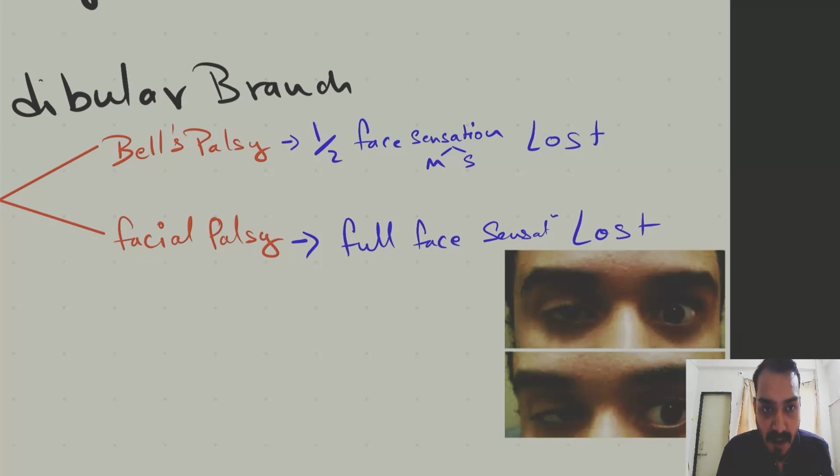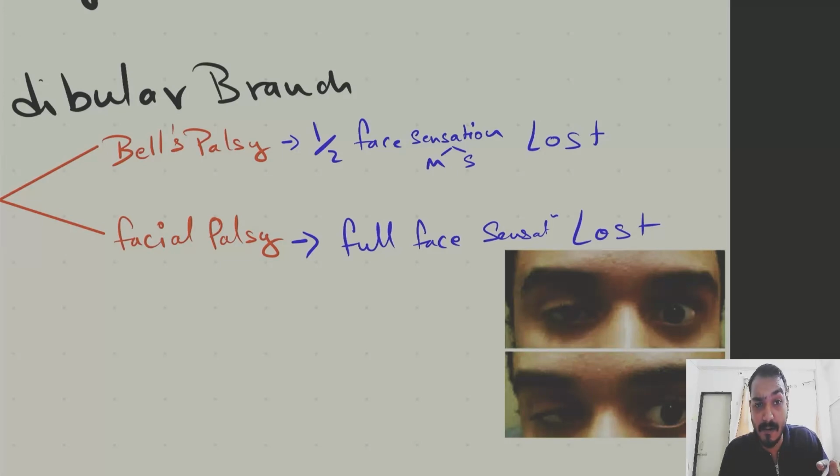What is the other thing which you can do, guys? You can tell patient to put both eyebrows up. Once you put both eyebrows up, what will happen? If the patient is able to move both eyebrows, it means he has his facial nerve intact, there is no problem in it.